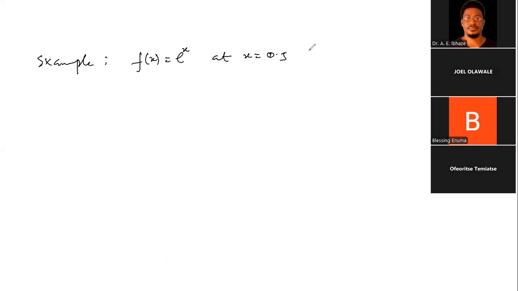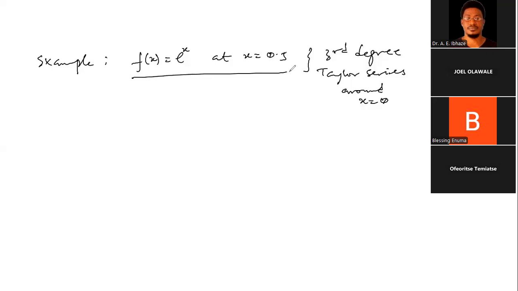Here we want to truncate the series at the third term, so we want to use the third degree Taylor series around x being the same as 0. We want to find the approximation of this function at this point, but we truncate the series around x being the same as 0.